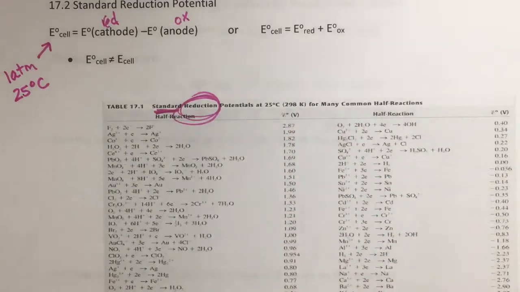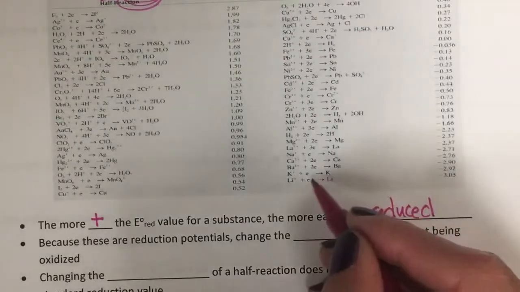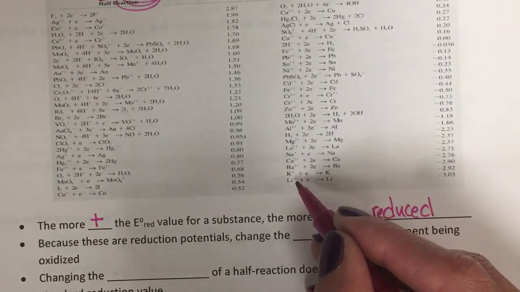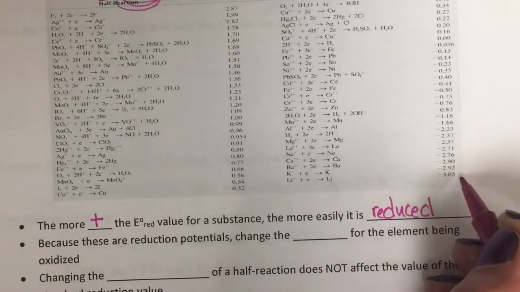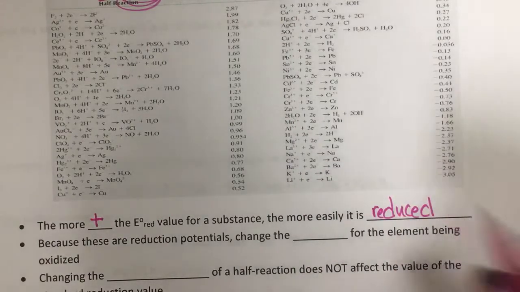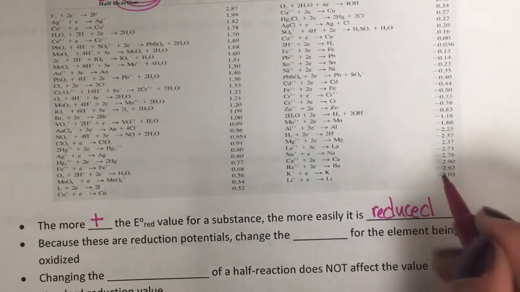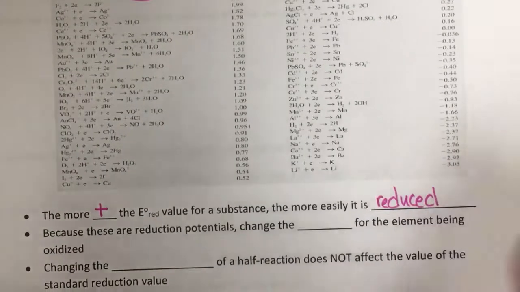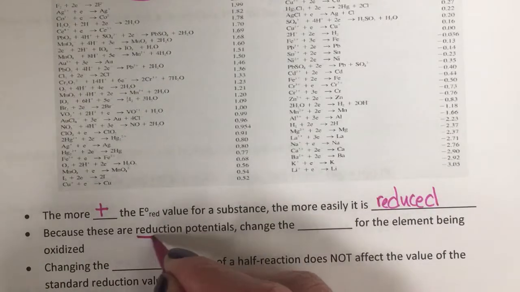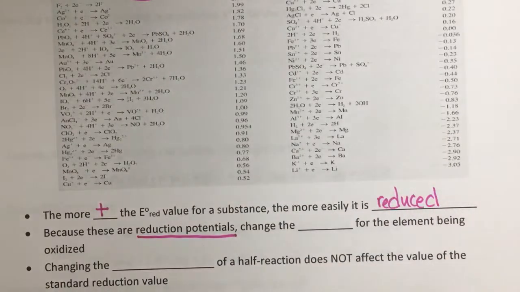Very big positive value. If I look down at lithium, lithium wants to give up electrons a lot. It's very easily oxidized. So the reduction potential is very negative. If it's positive, it wants to be reduced. If it's very negative, it wants to be oxidized. So these are reduction potentials.